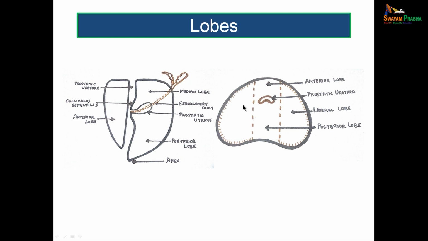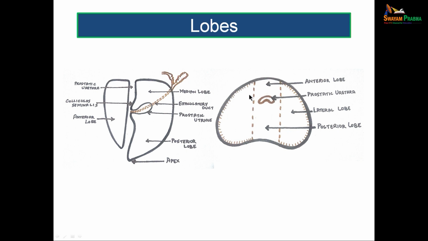When we look at a coronal section or a transverse section, this is what it appears like. In a transverse section, you will find the prostatic urethra, which is crescent shaped with the verumontanum projecting forwards. In front of it is the anterior lobe, on either side is the lateral lobe, and posterior to it, in the upper part will be the median and in the lower part will be the posterior lobe.